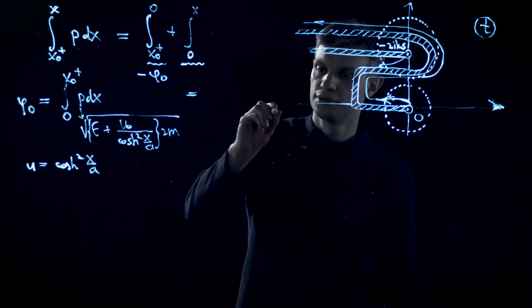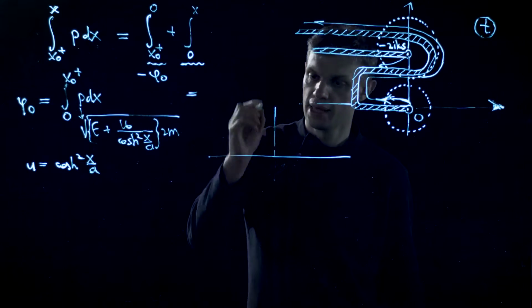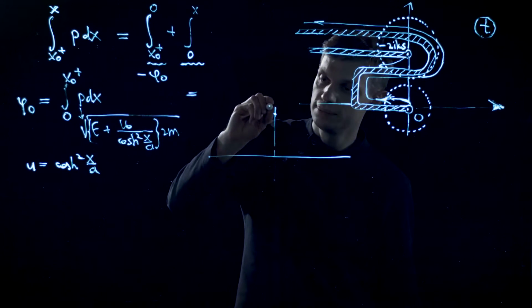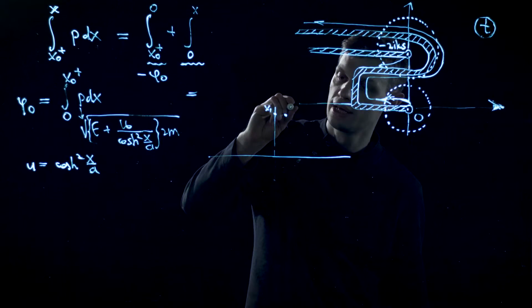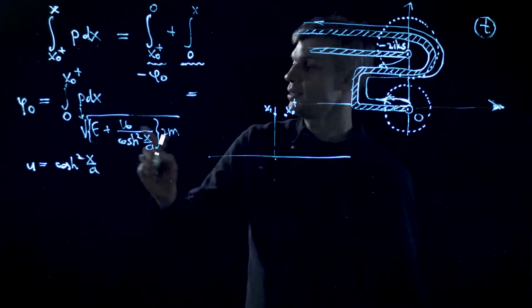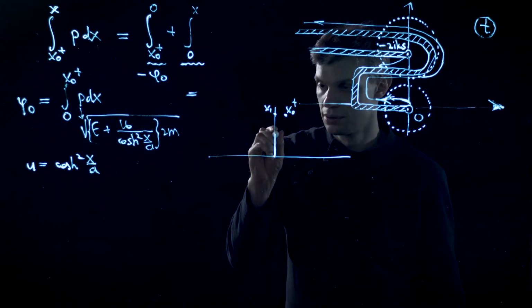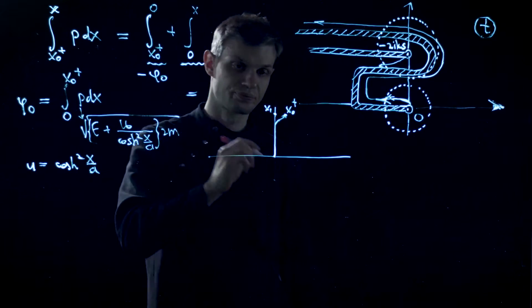And let me draw the contour in the complex plane. So here is our pole x1, and here is the turning point x naught plus. Initially, the integral goes from 0 to the turning point.